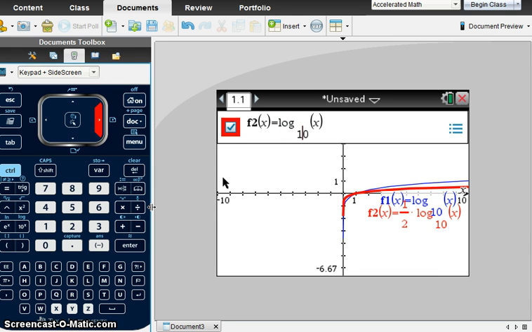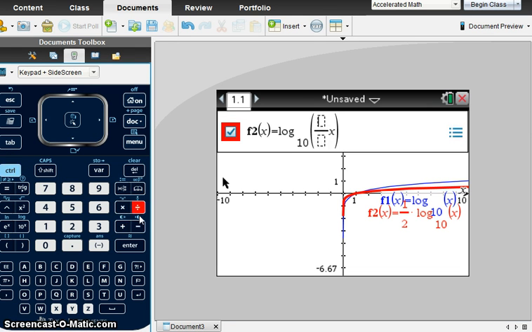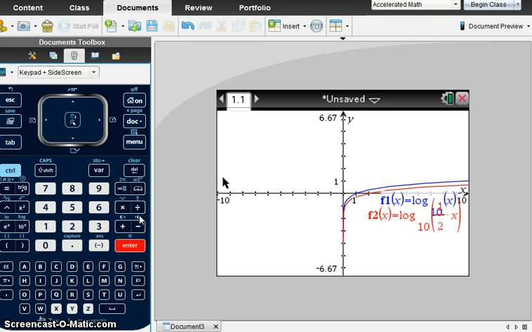All right, well, what about a horizontal stretch or compression? Well, what we would do then is come up here in the "of" part, and if we want to do a horizontal stretch, we of course need to do the inverse of what we would think. We need to multiply in here by a fraction, and when we do that, you can see that we wound up with a horizontal stretch. It got pulled out horizontally by a factor of 2.